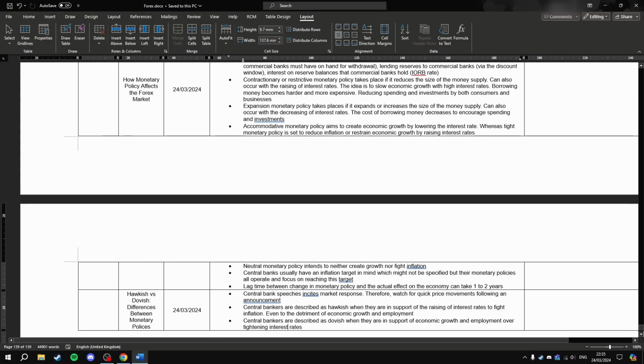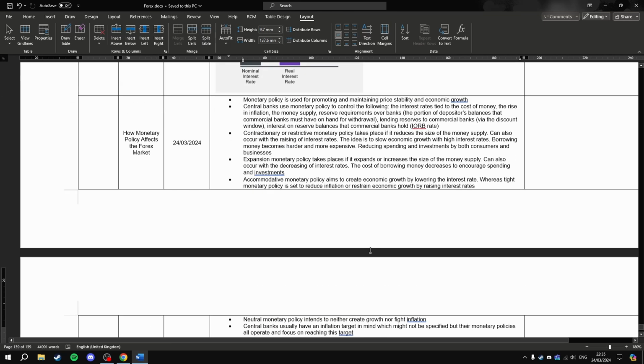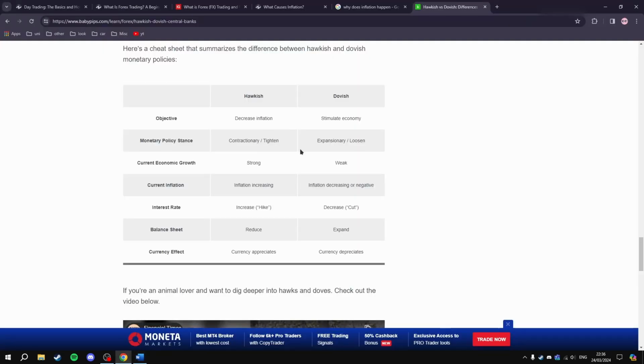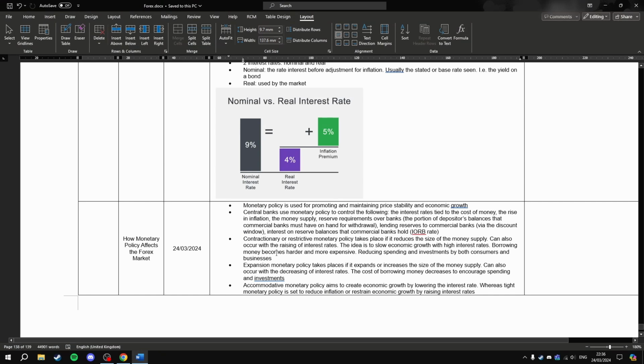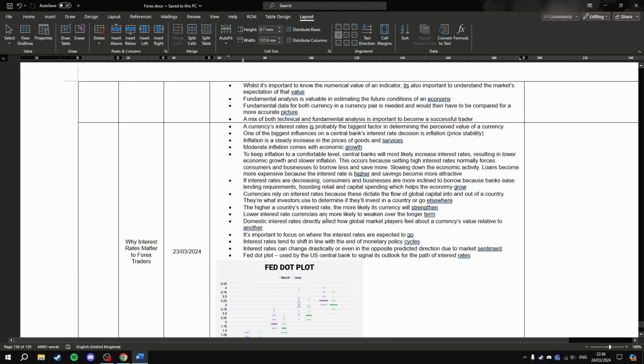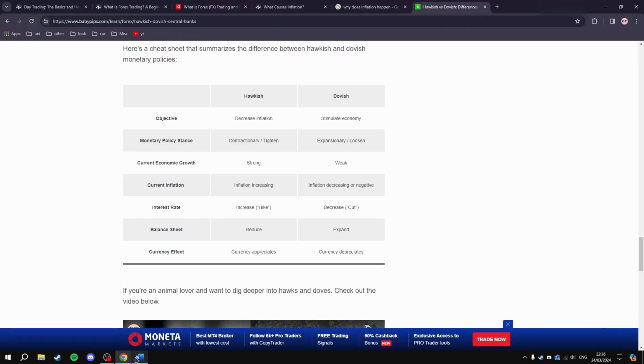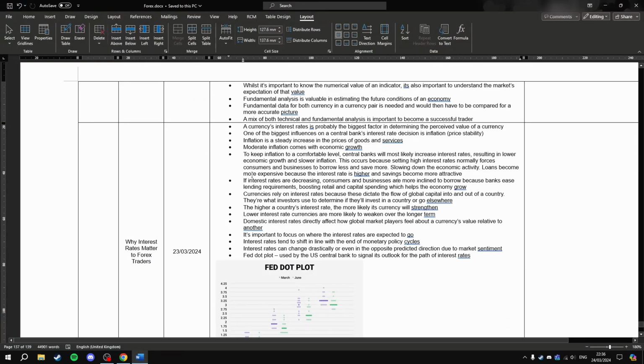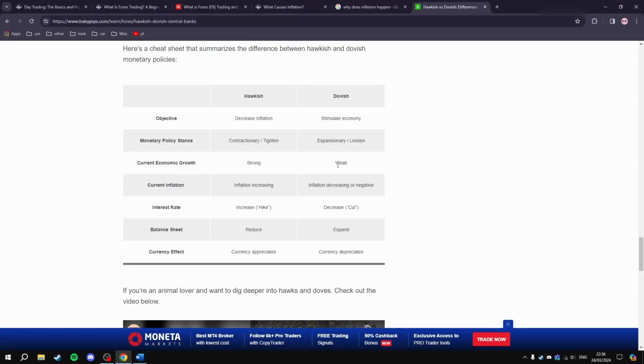So they try to increase that inflation, stimulate economy. To stimulate economy, that means lowering interest rates, and by lowering interest rates, the economy grows.